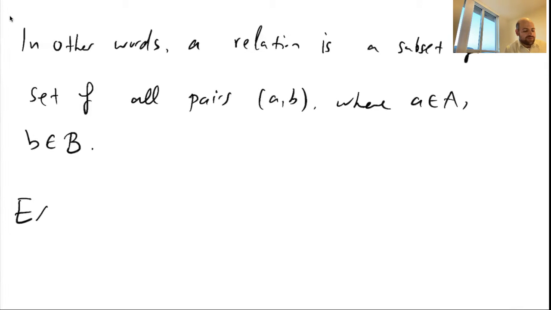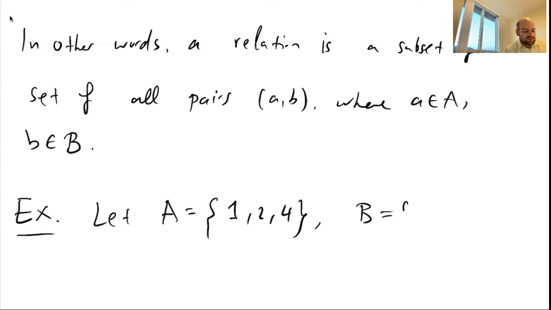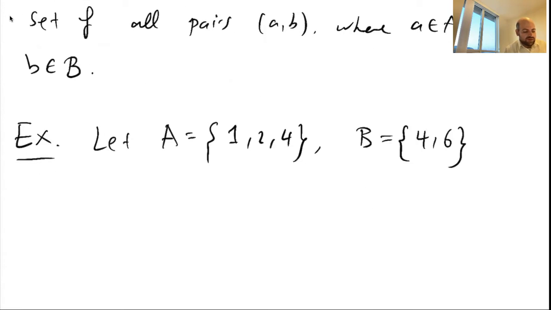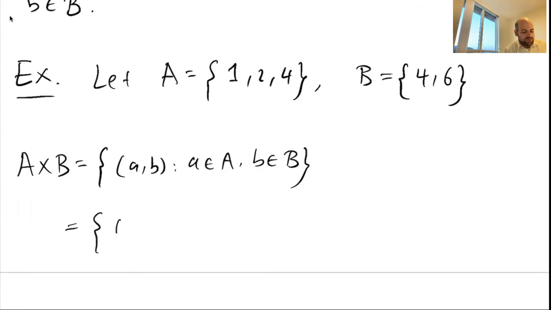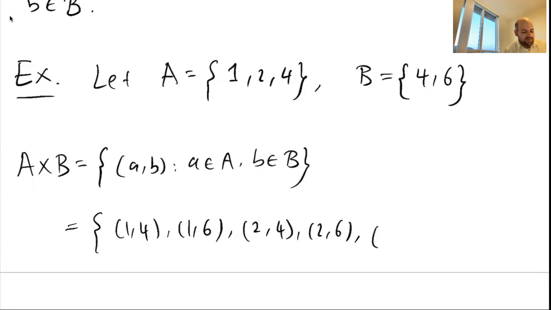So let's look at an example. Let A equal {1, 2, 4}, and B equal {4, 6}. Then what will be A cross B? A cross B means the set of all pairs (a, b), where a comes from A and b comes from B. This is equal to (1,4), (1,6), (2,4), (2,6), (4,4), and (4,6), right?